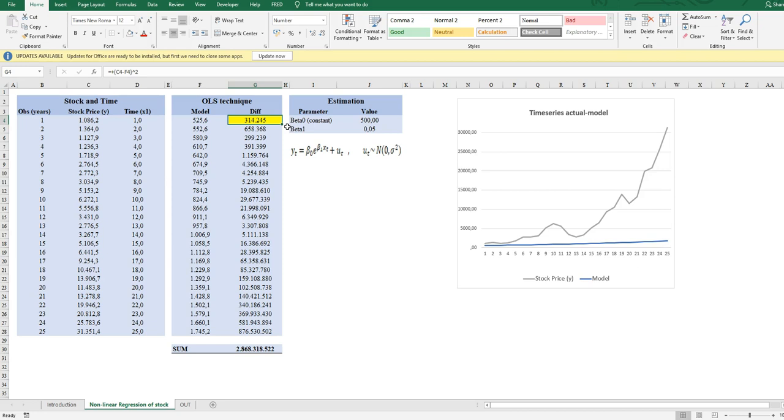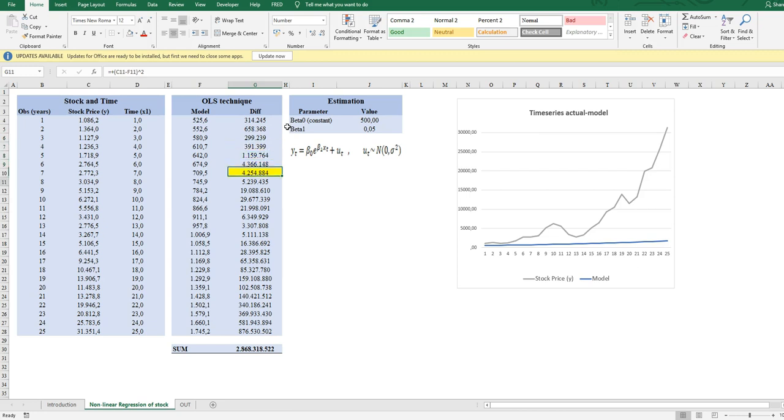For each observation, we take the difference between the stock price and the model stock price, and we remember to square it to avoid any netting out of negative and positive numbers, which would essentially leave us with a lower error term, or a better model if you like.